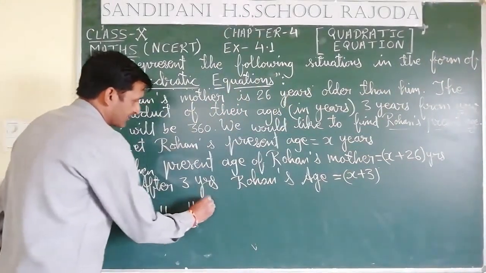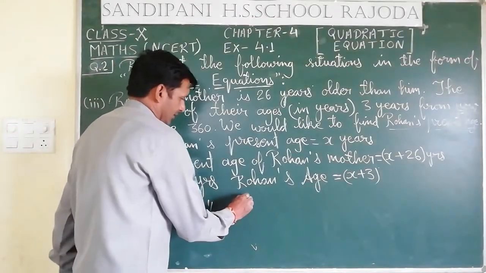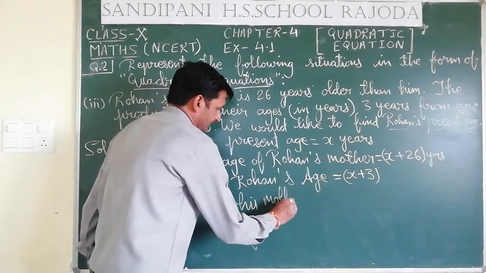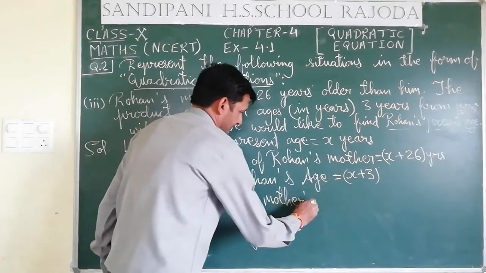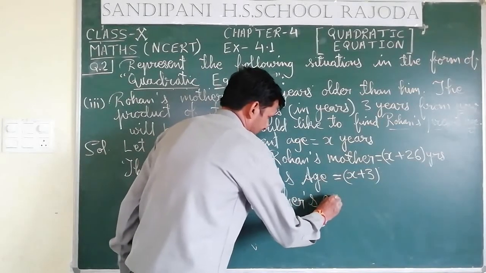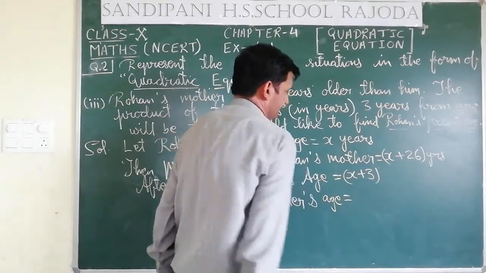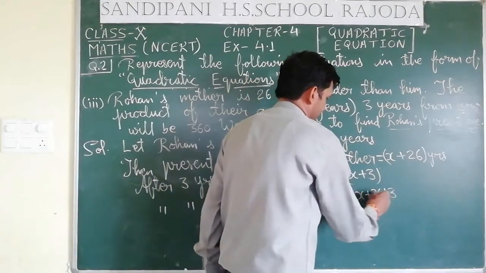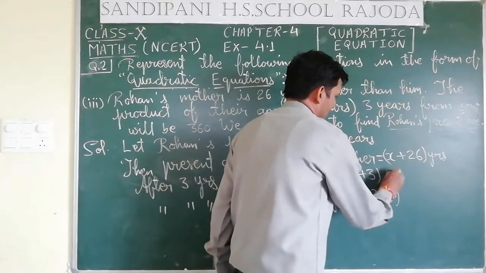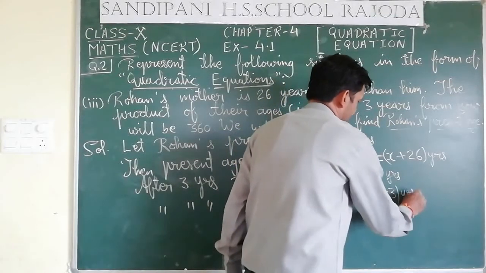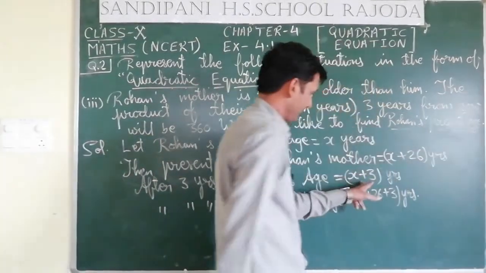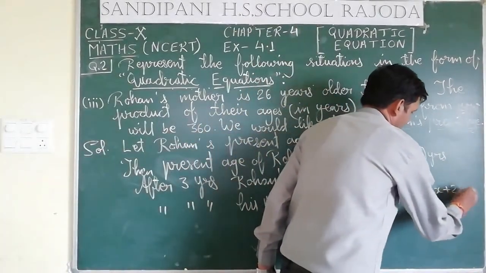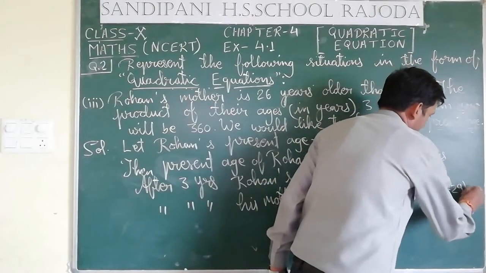After 3 years, his mother's age is equal to x plus 26 plus 3 years, of course, here also years. It will be same, but this will become x plus 29. X plus 29 years.